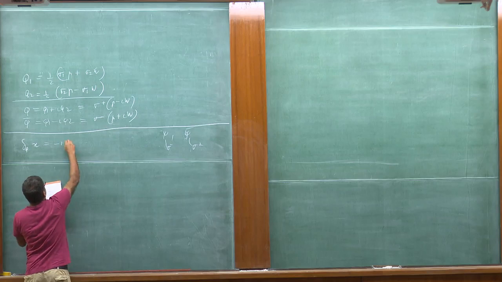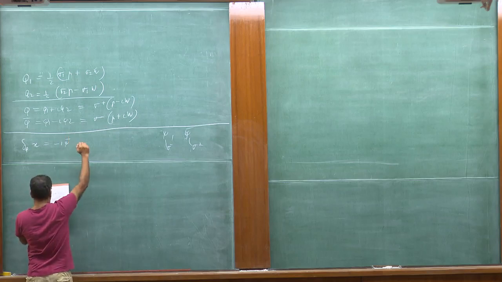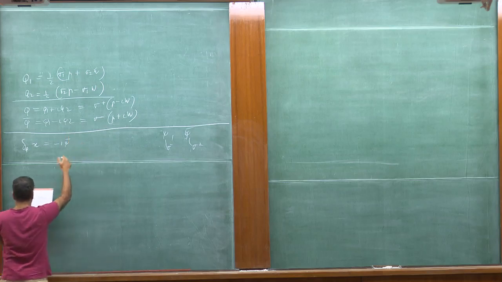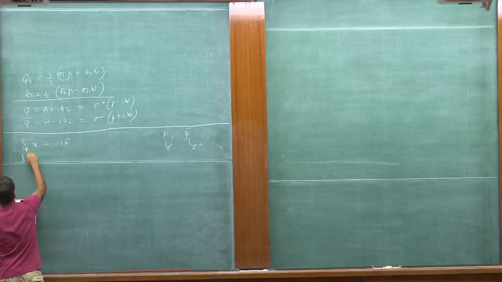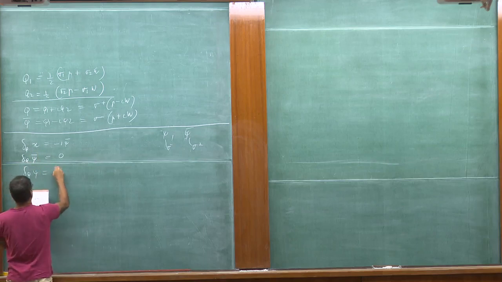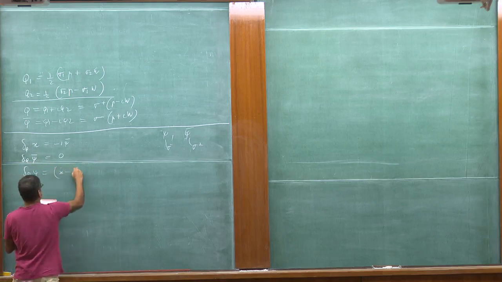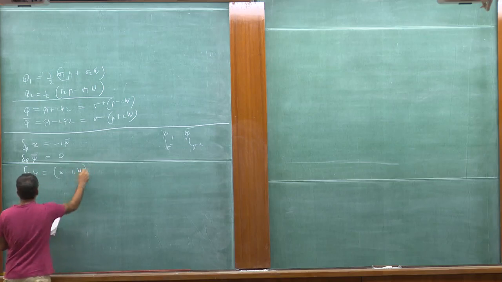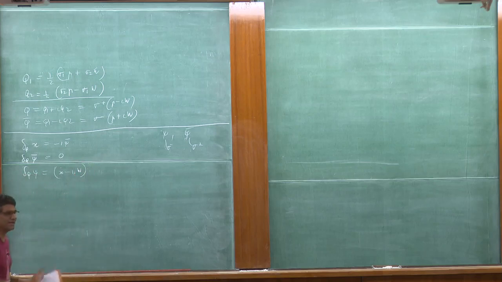Delta Q on x was equal to minus i sigma psi bar. Delta Q on psi bar was 0. Delta Q on psi was equal to x dot minus iw. If somebody has their notes handy and can check this, that would be very nice.